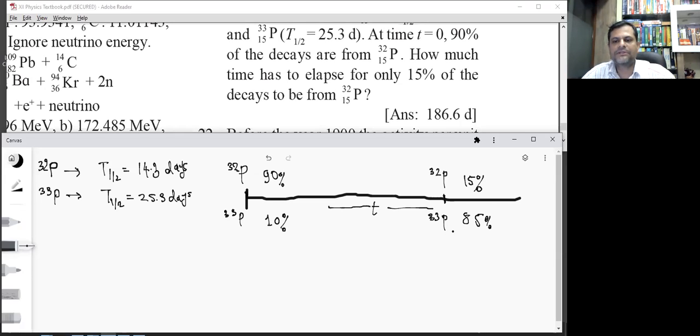So after this time t, the activity of the 32 phosphorus reduces from 90% to 15% only, and that of the 33 phosphorus reduces from 10 to 85, actually. That is why we have to find out this time after which this happens.